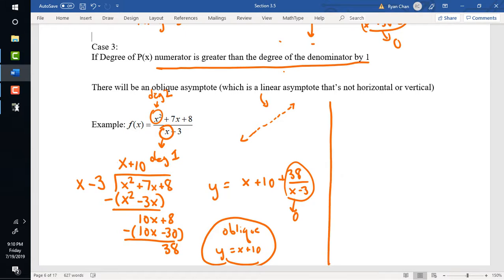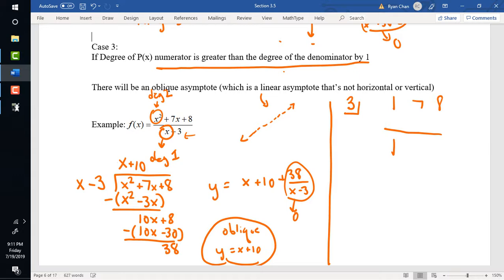If you are trying to find the oblique asymptote, you could do synthetic division, okay? Now we're lucky because we're dividing by just x minus a number. Remember, if you divide by x plus or minus a number, you can do synthetic division. But if you're dividing by something like x squared or x cubed, you can't do that, okay? But remember, right, we can do synthetic, where I plug in 3. I have 1, 7, 8.